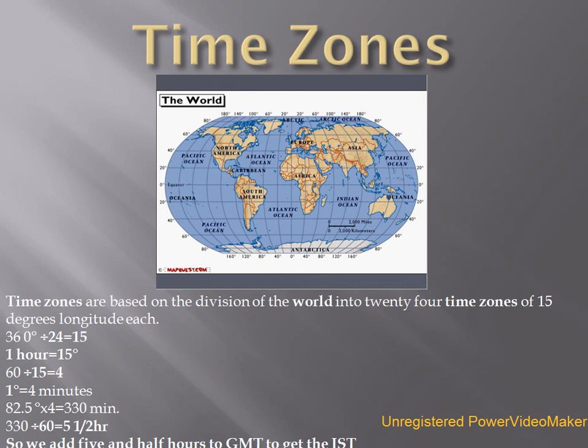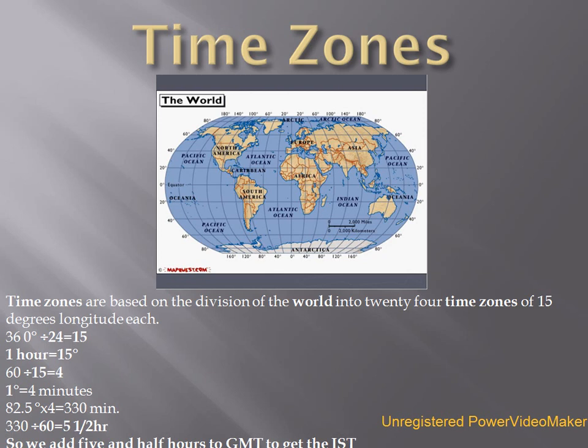So if we divide 360 by 24, we get 15 degrees. It means that the earth moves 15 degrees in 1 hour. Now an hour is again divided into minutes. If we divide 60 by 15, we get 4 minutes. So 1 degree is equal to 4 minutes.